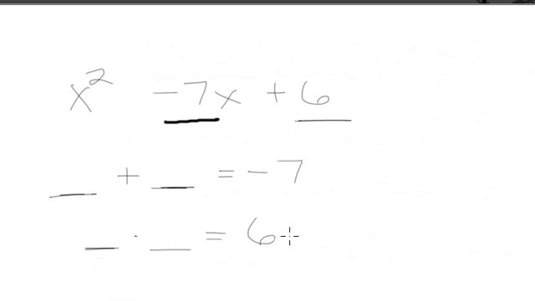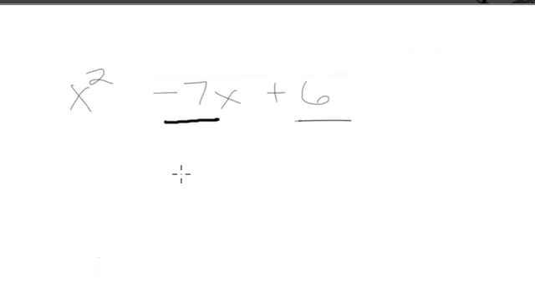If you see this quickly, fantastic. If you don't see it right away, I'd encourage you to practice it, to try to see it with a number of different polynomials. The solution here is -1 plus -6 is equal to -7, while -1 times -6 is equal to +6.